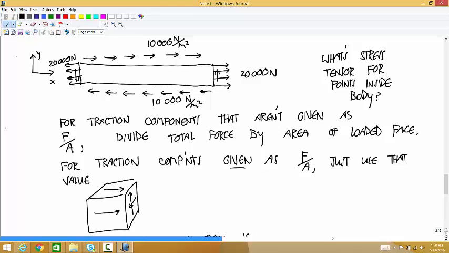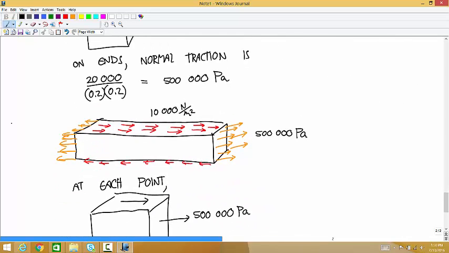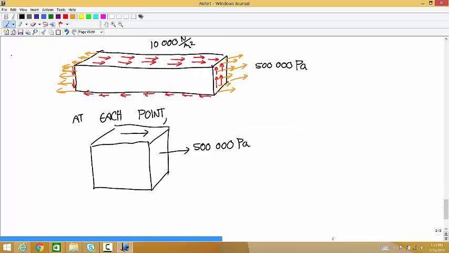If this is a stress element, we also have tractions on these two sides, like this. Okay, so then we have that. This is 10,000. This one's 10,000. And so now that's it.